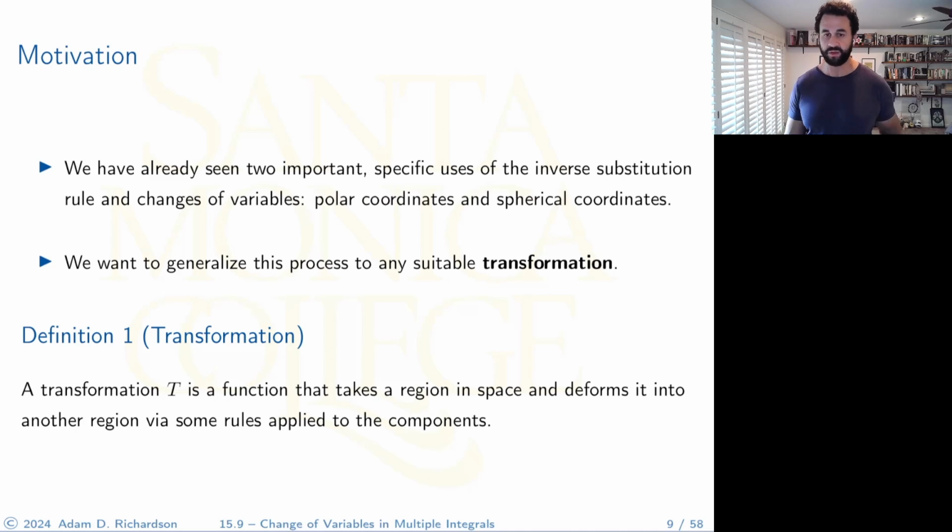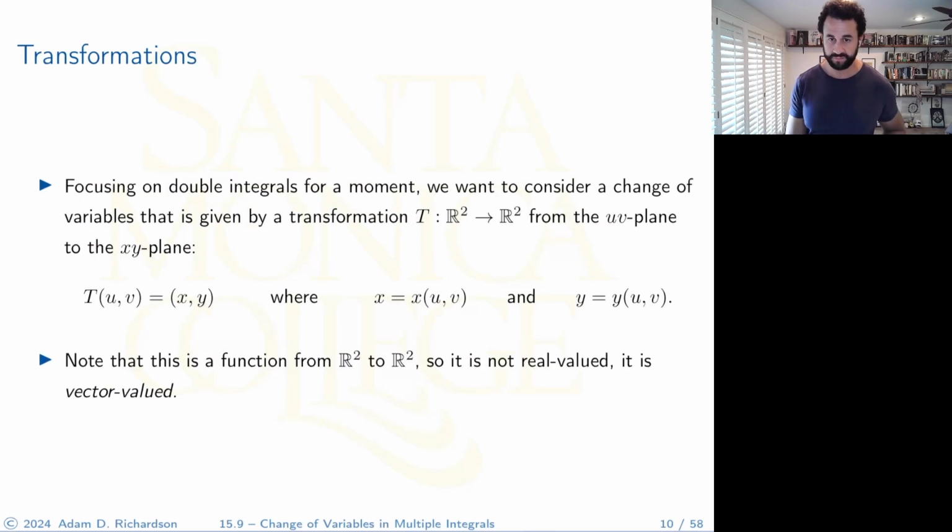So intuitively, if I had some region in space and a function that operates on that region, it will deform that region into something else. That's really all we're talking about. We're taking a region and deforming it in some way. That's what a transformation is doing.